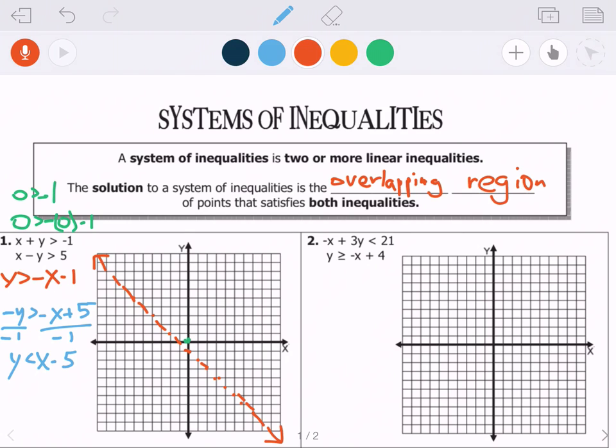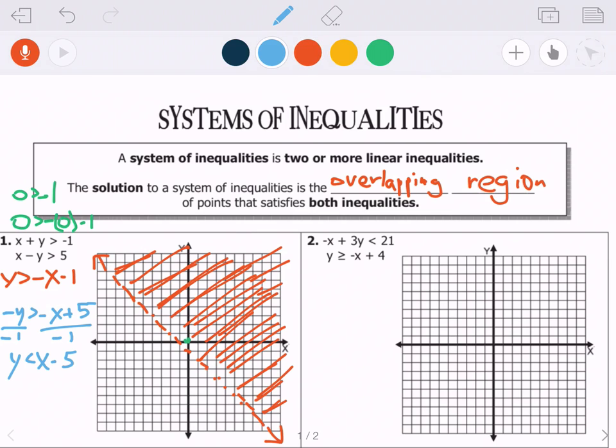So because 0 is greater than -1, that means 0, 0 is a solution. So I'm going to shade everything above that line where the solution is. Every single point above that line is a solution to that inequality.